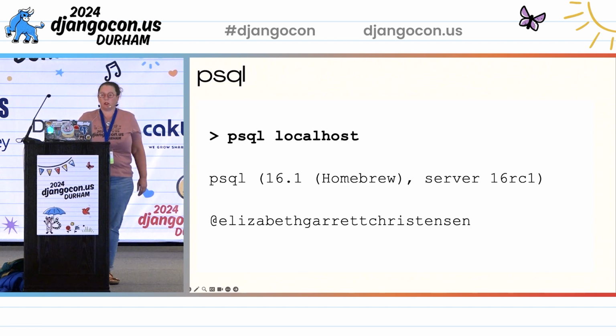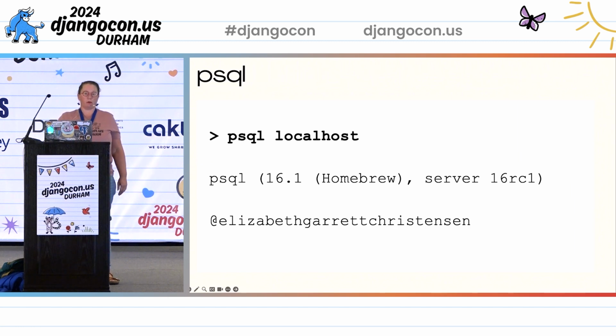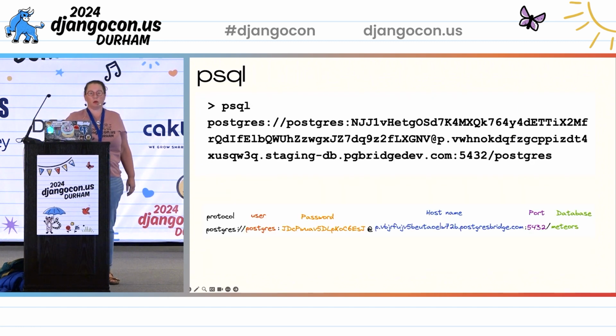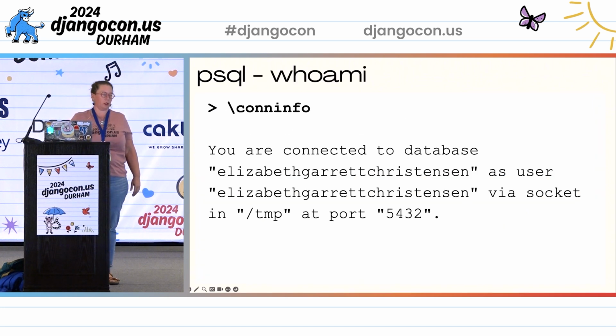To get into the command line interface for psql, you'll just connect it to your host. If you're connecting to a remote host, like a database somewhere else that your company manages, you'll need to create a connection string with your user, password, host, port, and all that stuff so you know who you are. Once you're inside psql, you can ask it who you are and confirm all of that stuff. That's the \conninfo command.